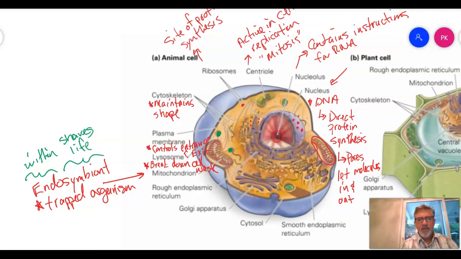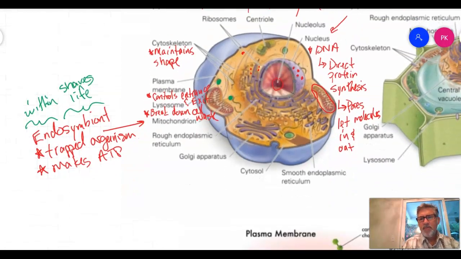So it's something that lives within that shares our life, right? So it's an evolutionary leftover. So this makes ATP. We said that that's that molecule, right, that we use for energy.